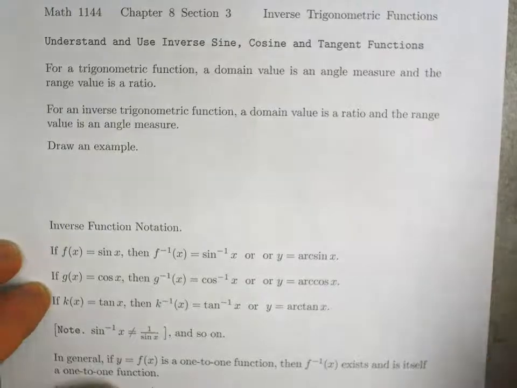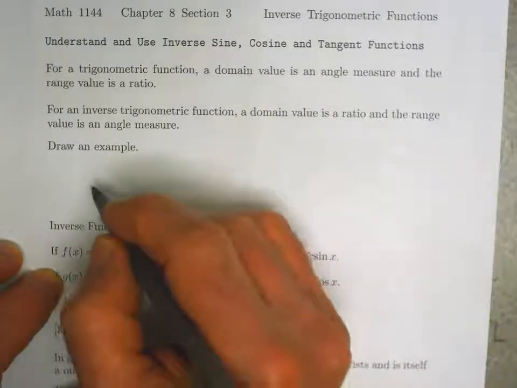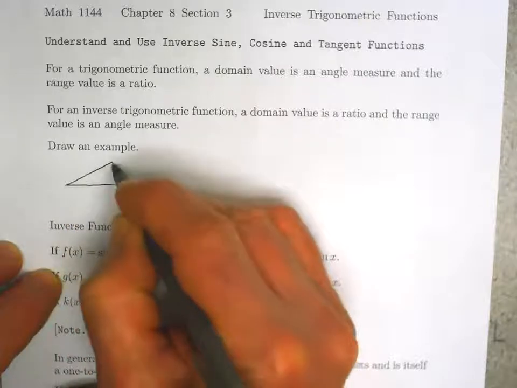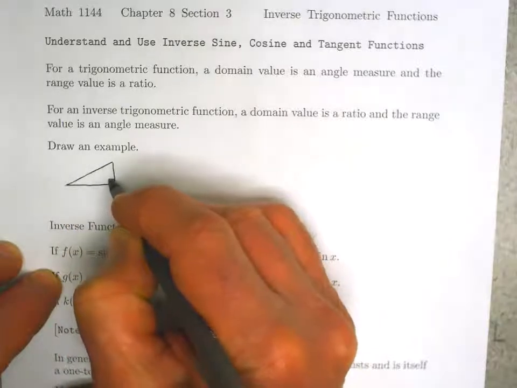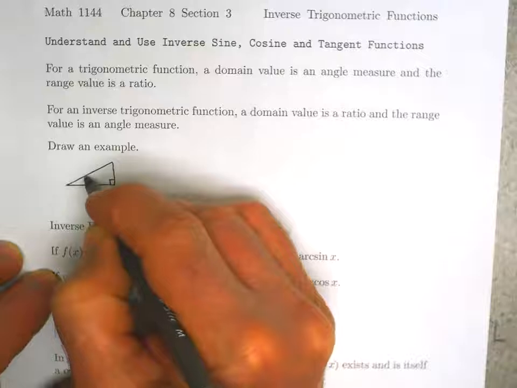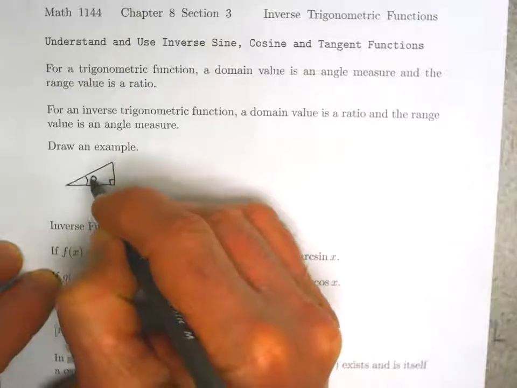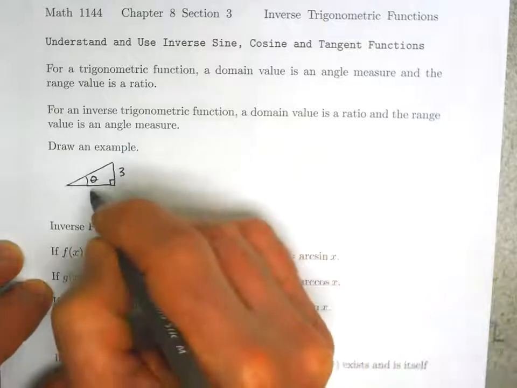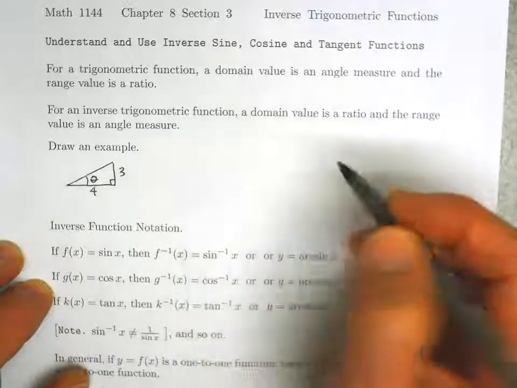So I'll draw a simple example of a right triangle. And I'll label this acute angle theta, and the side lengths are 3, 4, and 5.